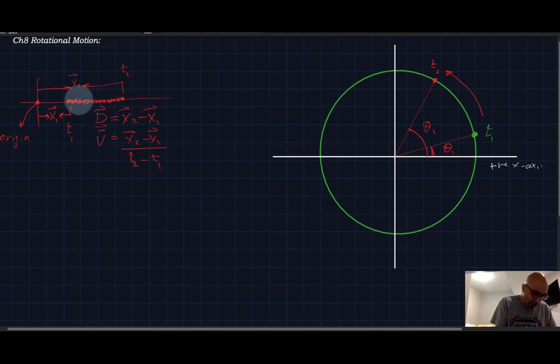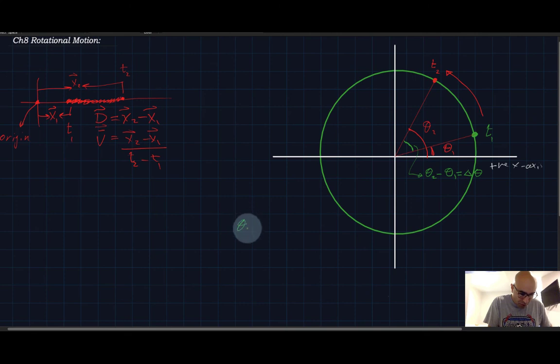As I found the displacement here, I can find something else here. I can find what I would call the angular displacement. So if I take theta 2 minus theta 1, that will give us something we know as the angular displacement, or delta theta. Okay, so let's define things as they should be.